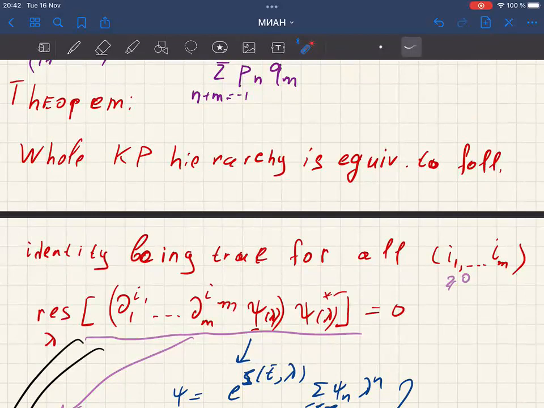Yes, this gives some short presentation of known results in KP theory, but I don't know any results for KP theory that are obtained from this approach.